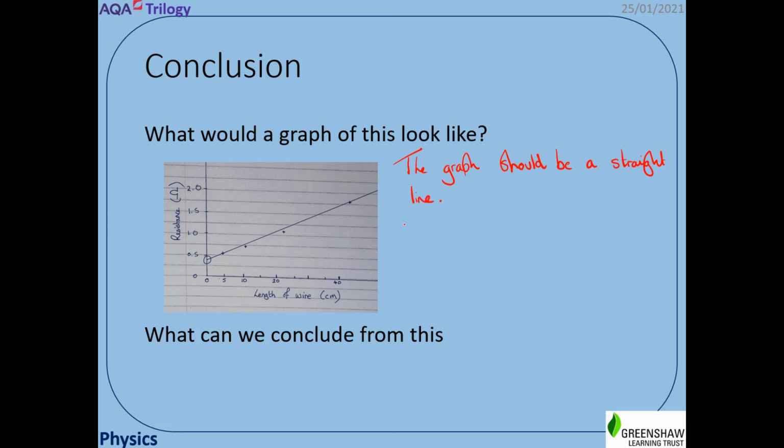In theory, if we really were measuring the length of wire, it should go through the origin of the graph.